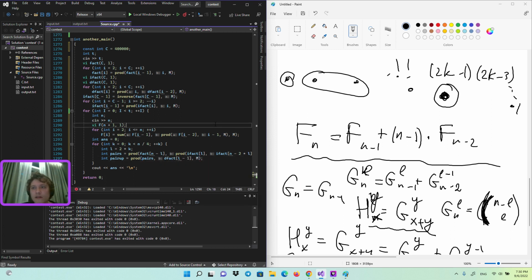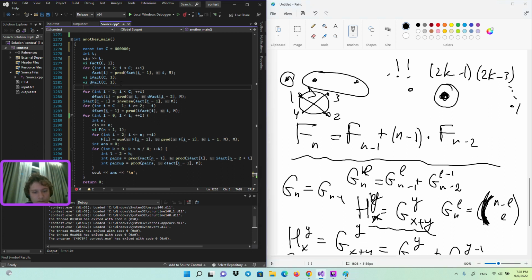Also, not only that, we also have to, in each cycle, for example, we have a pair 1, 2, and 3, 4. Yeah, there are two ways of pairing them up because we can do it this way and we can do it the other way. So we also have to multiply it by 2 to the power of k. Okay, it's easier.